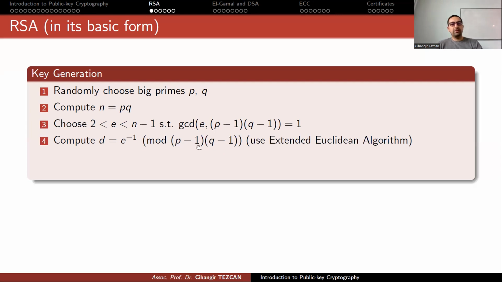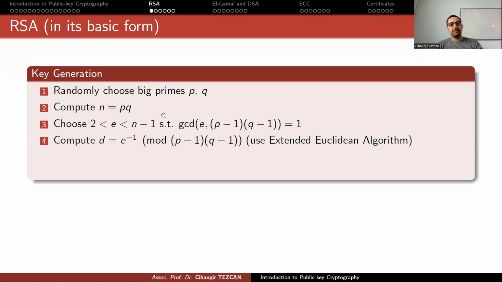Here actually the term will be phi n, but instead I wrote the result of phi n because it is the multiplication of 1 minus these primes. Okay, so you need to calculate the inverse of E with respect to this modulus. This means that you will calculate a value D so that D times E equals 1 in this modulo.